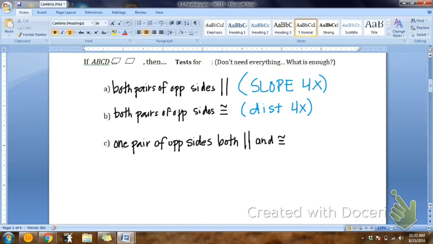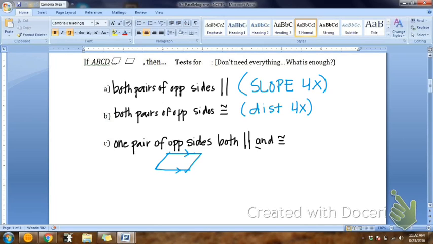So this rule says, and I'll draw it over here with this one, if you have a parallelogram, or what you think is a parallelogram, and you want to check to make sure it is a parallelogram, you're going to check, just choose one pair of sides. So I can say this side is parallel with this side. And if I'm checking if they're parallel, what formula am I doing?